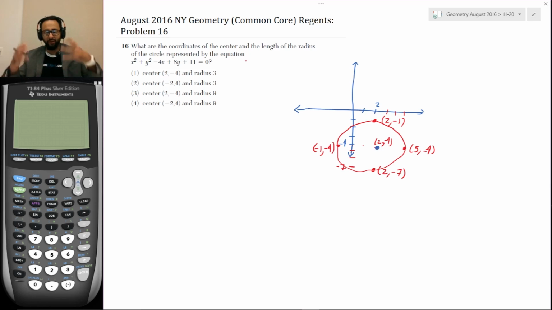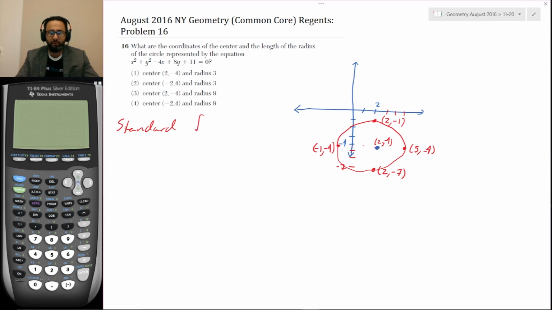Always try to access that imagination that you have in your mind, some imaginative way of getting the answer. All right. So how do we actually do this in an algebraic way? There is actually an algebraic way. It does help to know the standard form for the equation of a circle. And by the way, my point is that you could do this with choice 2, 3, and 4.